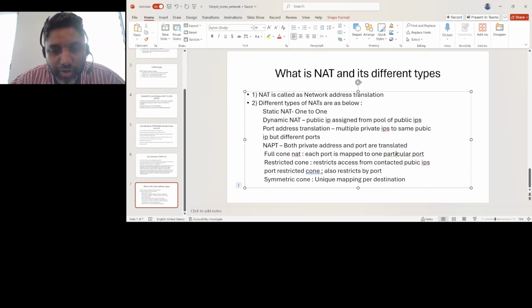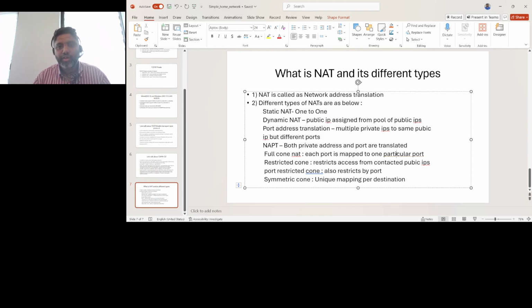In restricted cone NAT, access is restricted. For example, a private IP is contacting a public IP in the ISP network. The source private IP on the home router is translated to a public IP. Once that public IP reaches one destination public IP, only that destination public IP can send packets to it.